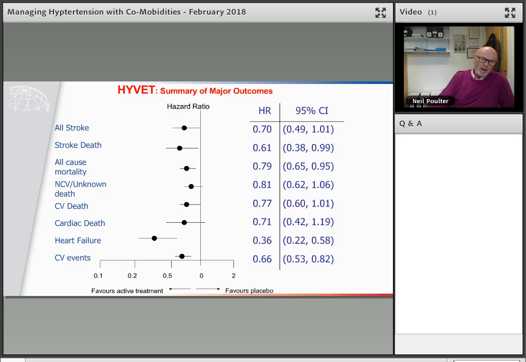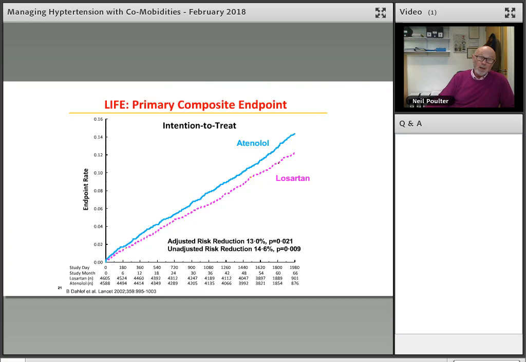Fantastic benefits of using these agents in the very elderly. And we were all very worried about treating 80 plus patients, but I think this really exonerates the use of such agents carefully and gently, but nevertheless of using these agents in the very elderly. And I think the SPRINT trial has also given support to that belief that we should treat over 75s.